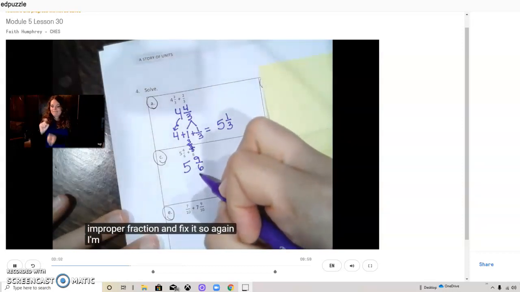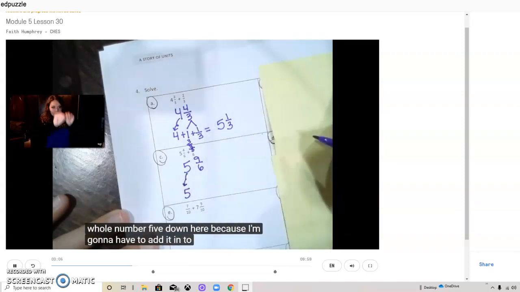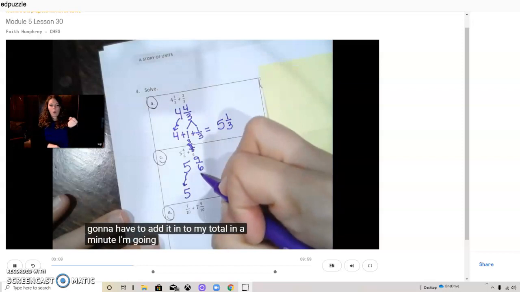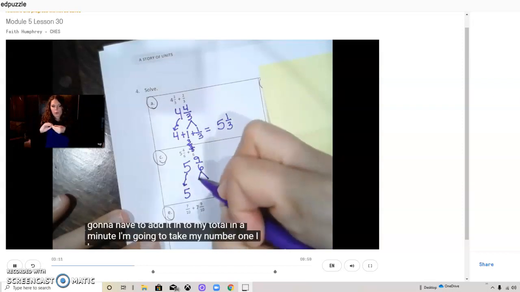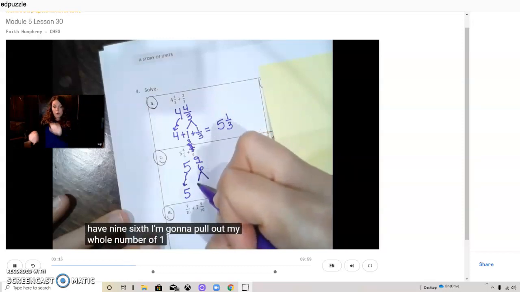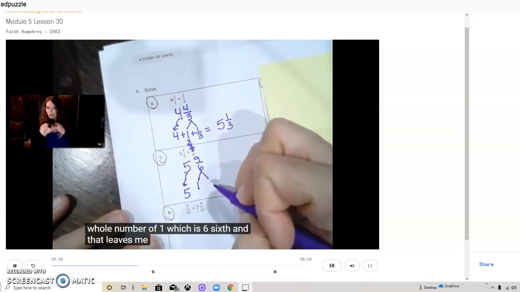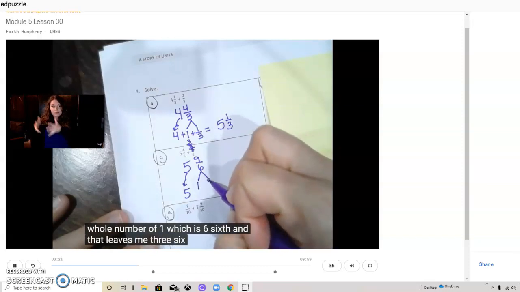So again, I'm going to have to bring my whole number 5 down here because I'm going to have to add it into my total in a minute. I'm going to take my number bond. I have 9/6. I'm going to pull out my whole number of 1, which is 6/6, and that leaves me 3/6.